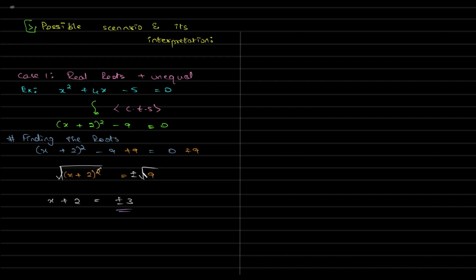So now we're looking at two scenarios, two possibilities: alpha being x plus 2 equal to 3, so x is equal to 1, while beta is x plus 2 is equal to minus 3, so x is equal to minus 5.